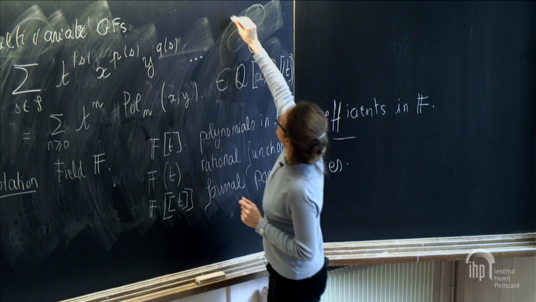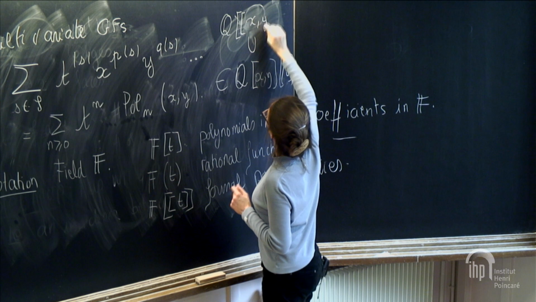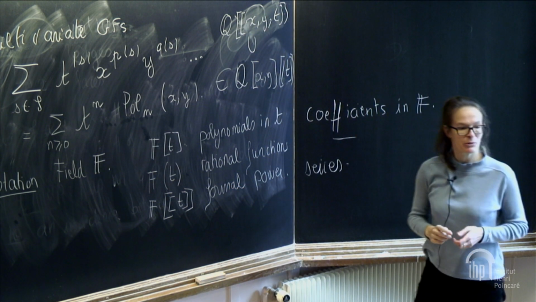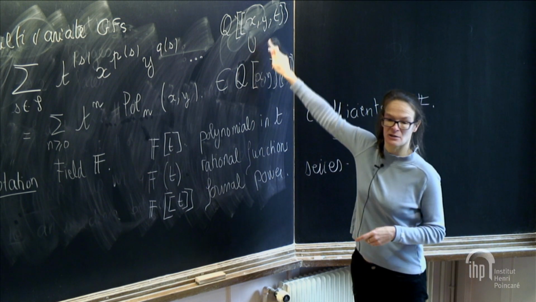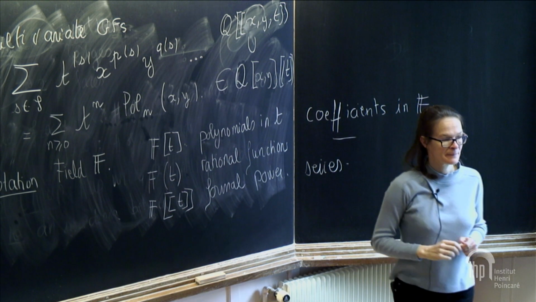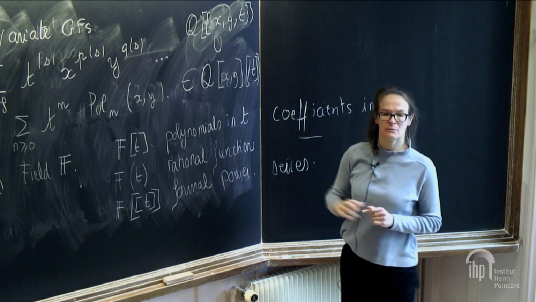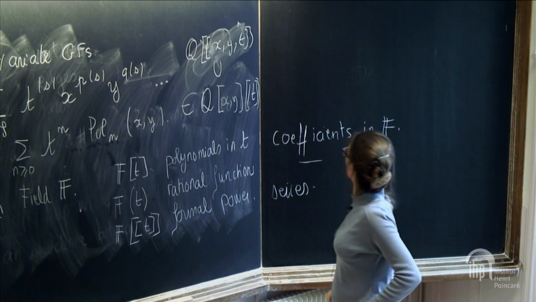And so this is a subset of Q of x, y, t, meaning power series in 3 variables, but it's smaller, of course, because this one contains the sum of x to the n, which this one doesn't contain. And so at some point, we'll play with several spaces of power series like that.